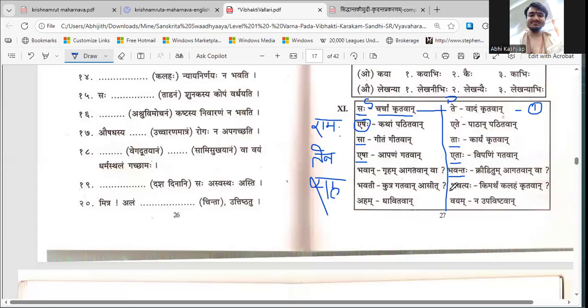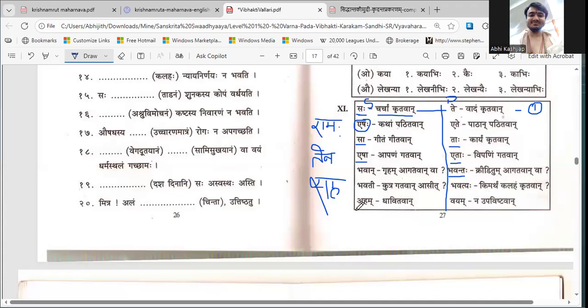Next, भवत्यः, Bhavatibhihi, भवतीभिः. So I think it's easy to remember. These are cheat codes for all the bahuvachana for strilinga. We just have to take the original form and add bhihi. Bhavatibhihi saha kimartham kalaham kritavan. Why did he fight with you all?